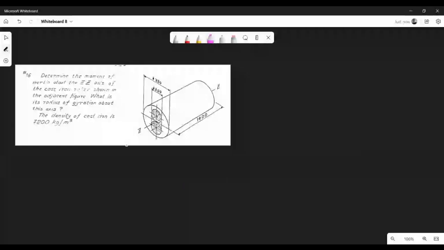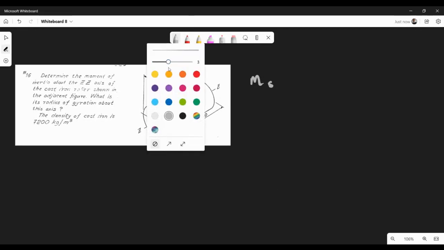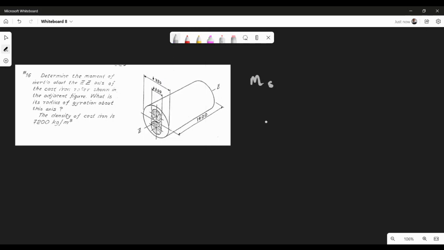Okay, so first things first. We have to work out the solid portion of this thing, right? Let's begin with that. Mass, let's call it solid, in subscript S, make it smaller. Let's make sure I'm sharing. Okay, fine.